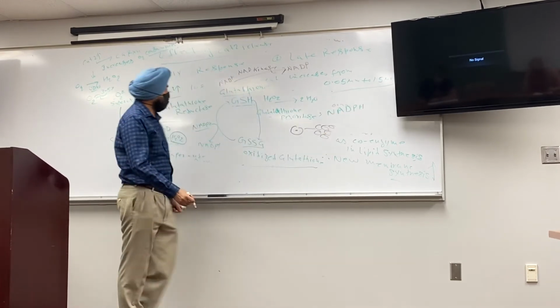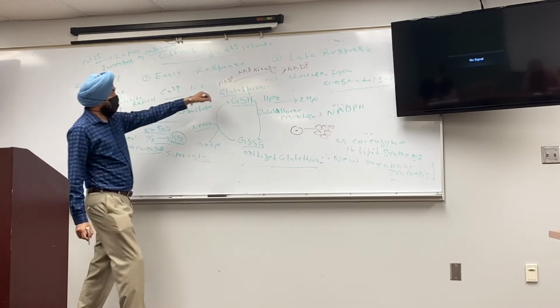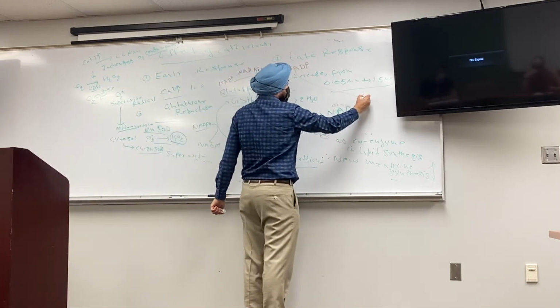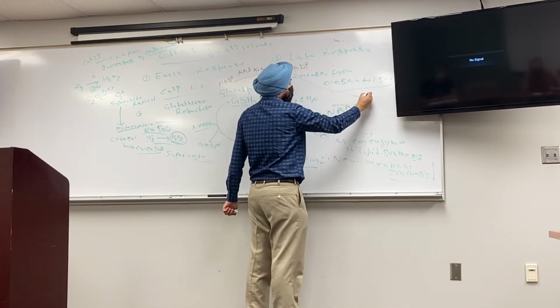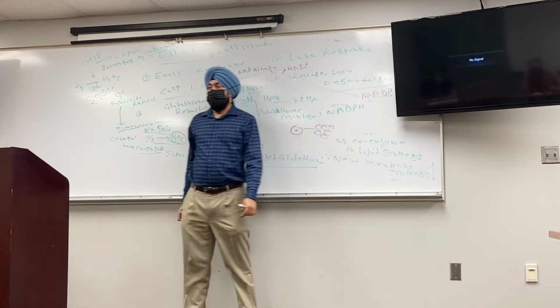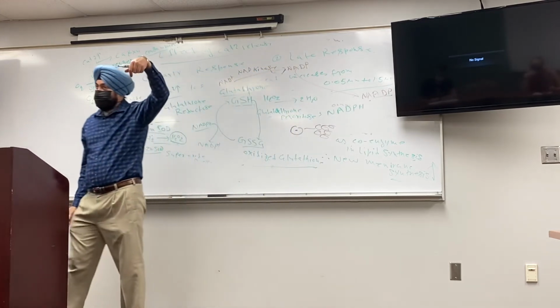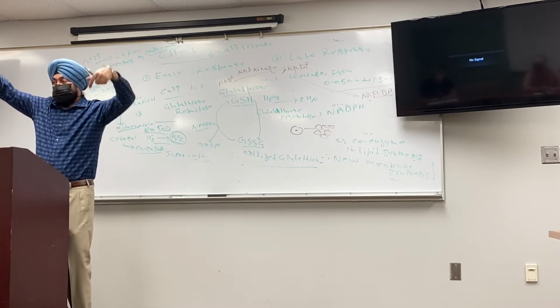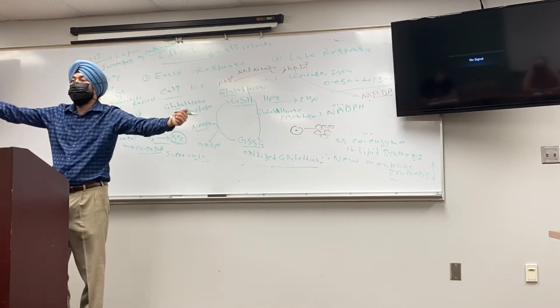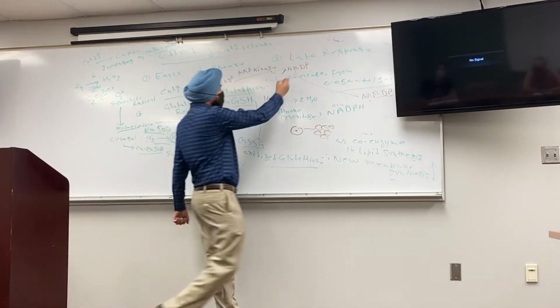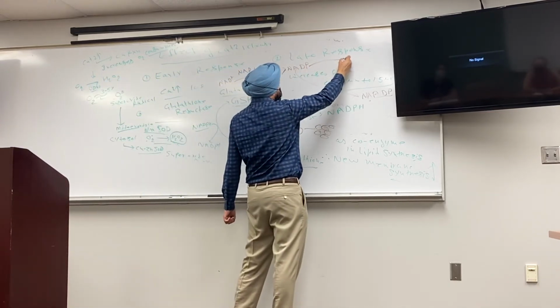Now this NADP, which is made there, is also converted to NAADP. NAADP we know is acting as the releaser of calcium. So that means you will have more and more calcium being released there. And then we are saying this NADP is also converted to NADPH.